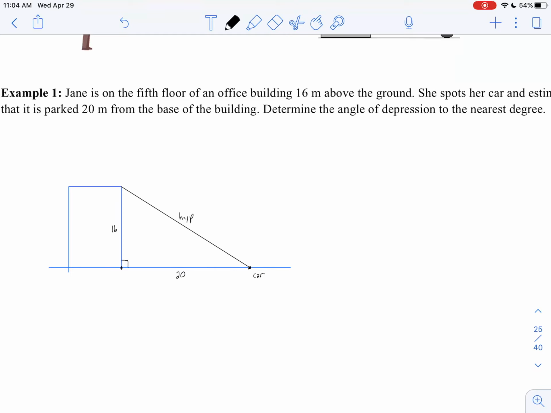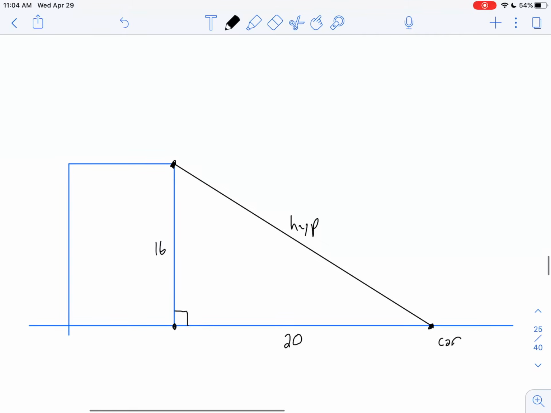So remember that the angle of depression, if this is Jane sitting up here 16 meters above the ground, measures from the horizontal downwards. So if this is the perfect horizontal there, her line of sight going out at 90 degrees, they actually want to know what this measurement up here is. Now we don't really have a triangle there.